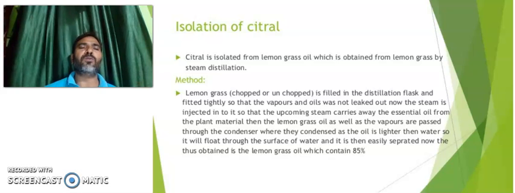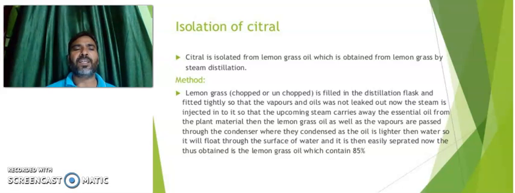Now friends, isolation of Citral. Citral is isolated from lemongrass oil, which is obtained from lemongrass by steam distillation. Lemongrass, chopped or unchopped, is filled in a distillation flask and fitted tightly so that the vapors and oils do not leak out. Now the steam is injected into it so that the upcoming steam carries away the essential oil from the plant material.